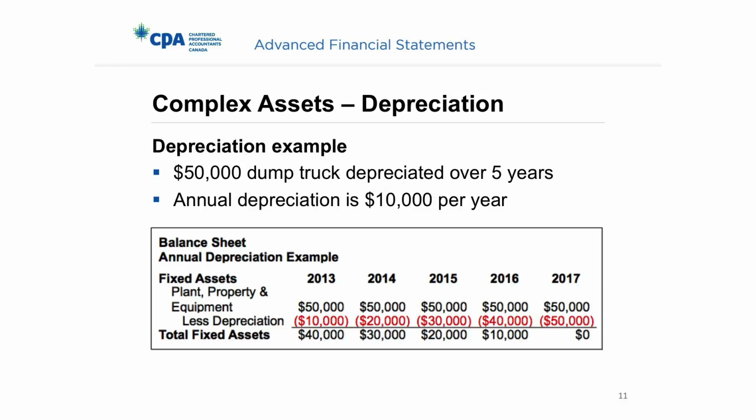The next year, it keeps going down, 30,000, 20, 10, and by 5 years, you've used all the value of that dump truck, so it's now on your balance sheet at $0. Depreciation should match the useful life of the asset itself. So if you have a dump truck, it may be 5 years, but if you have a building, it may be 20 or 40 years.